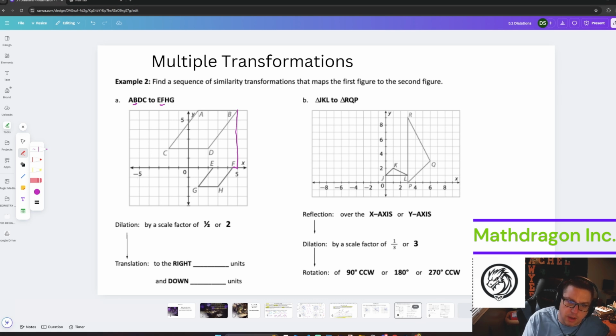So I'm going to go down 1, 2, 3, 4, 5, 6. 6 down, and then half a unit to the left. I don't know why that says right. It is not.